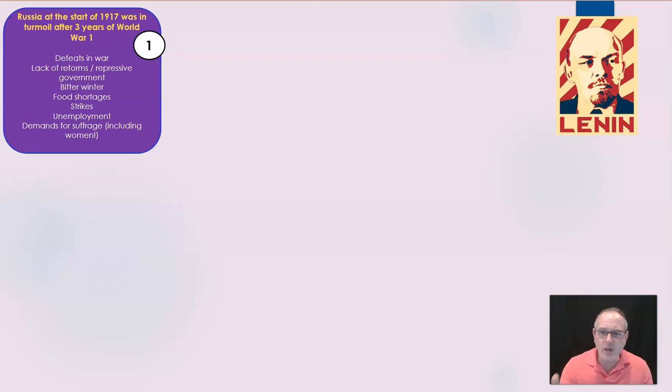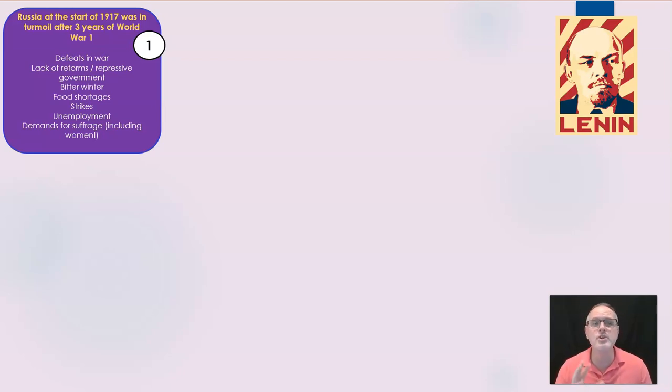So winter in Russia is lasting from about October, November through to about March. It's a bitter winter with huge blizzards, which have disrupted food supplies, rail links, transport and communications. There have been strikes, there's rising unemployment, there's demands for suffrage rights, including those of women.